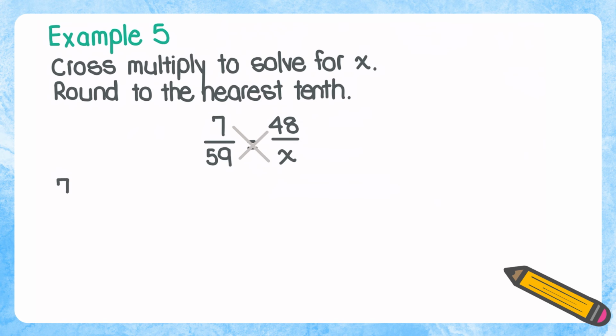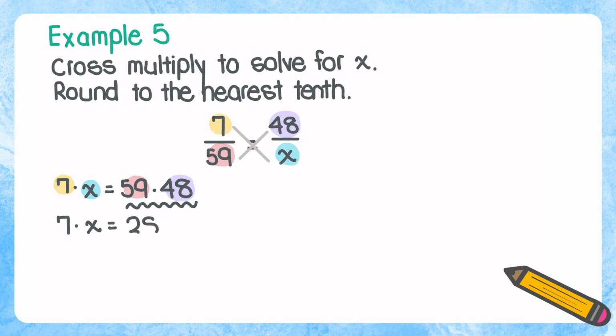We can rewrite this as 7 times x equals 59 times 48. And remember, you can use your calculator. So 7 times x equals 59 times 48, which equals 2,832.